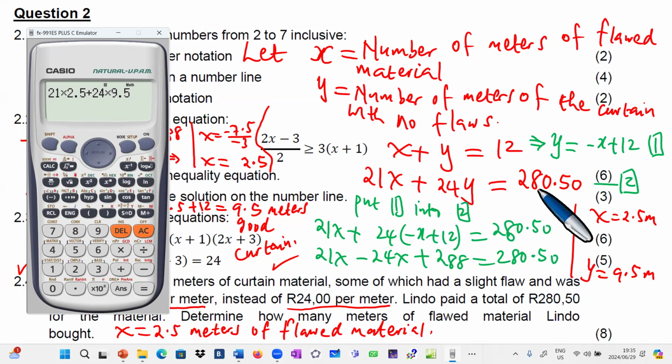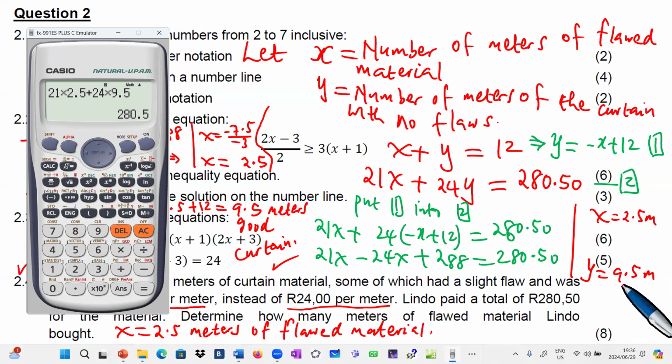The answer must be exactly 280 Rand and 50 cents if these X and Y are correct. We are using this calculator to check. Exactly, we're getting 280 Rand and 50 cents. It therefore means that these answers are correct.